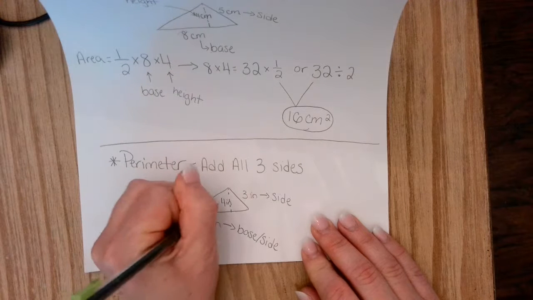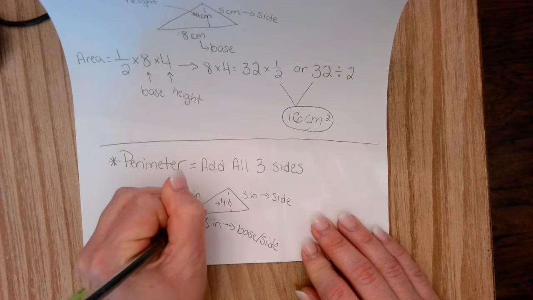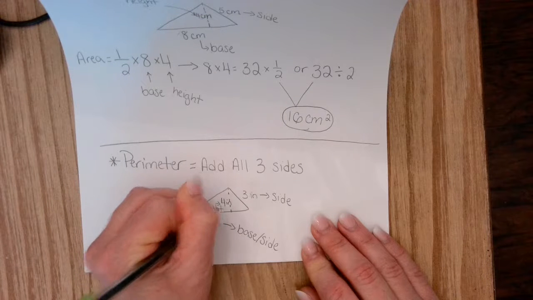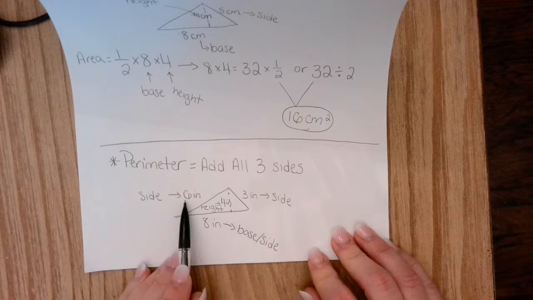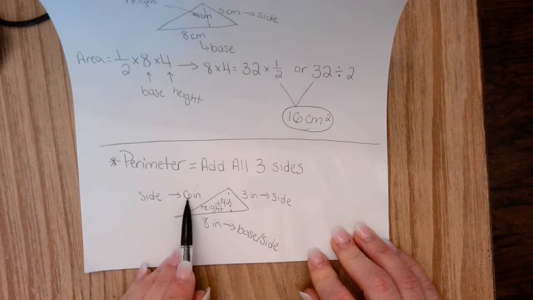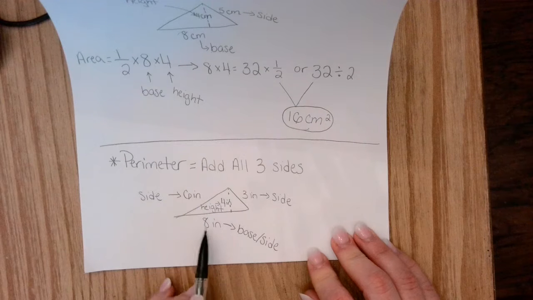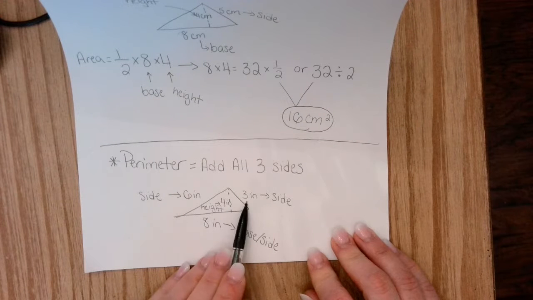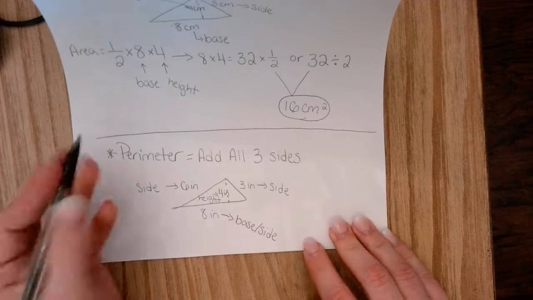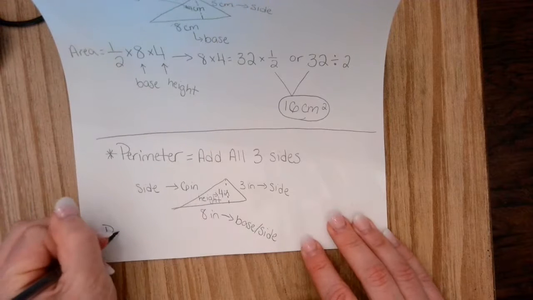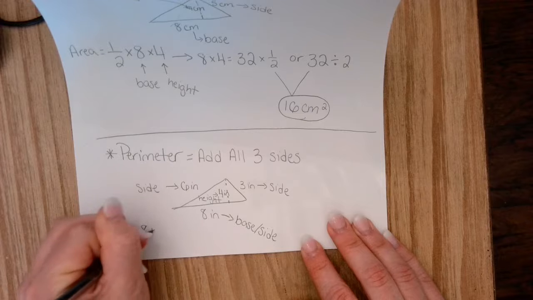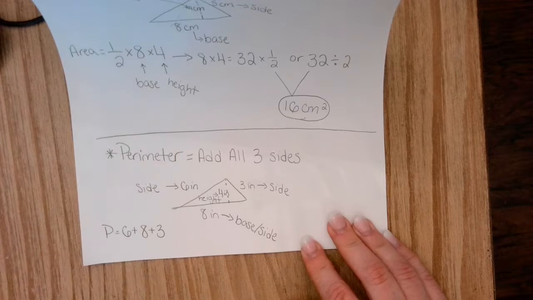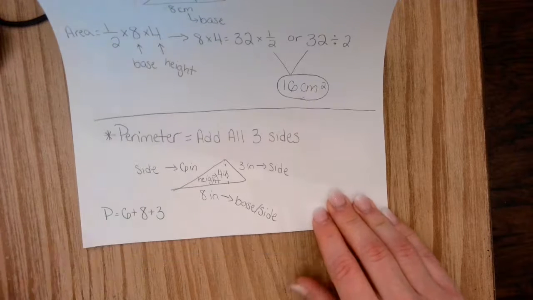So that means that I am not going to actually be using that 4. So to get perimeter, I'm going to add up all the sides. I'm going to add up 6 plus 8 plus 3. And once I get that answer, then I will have my perimeter.